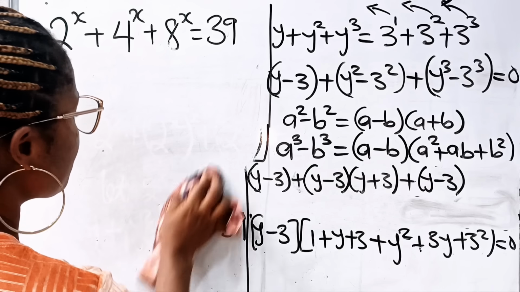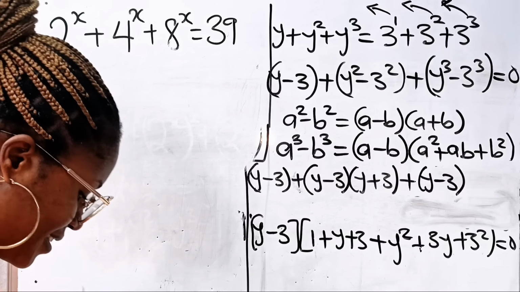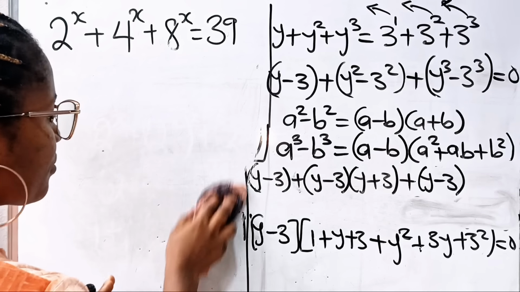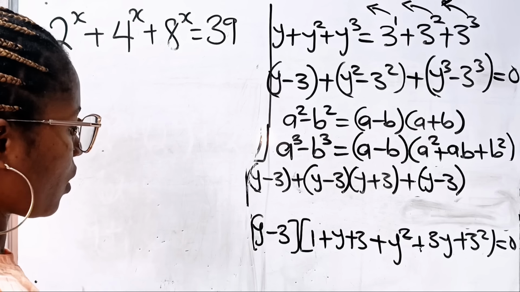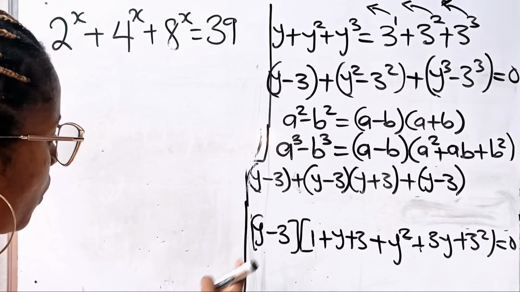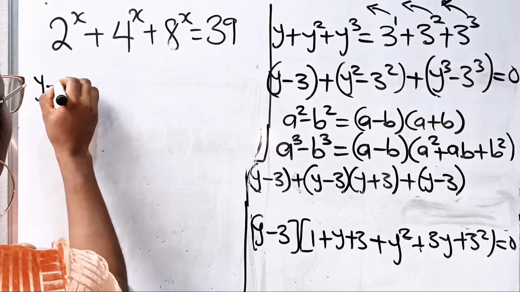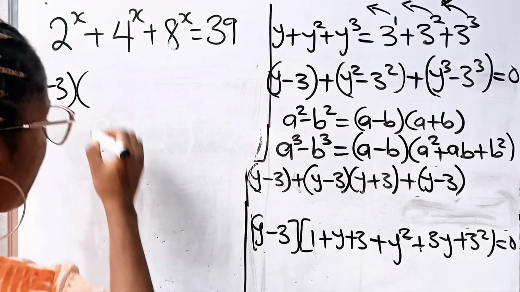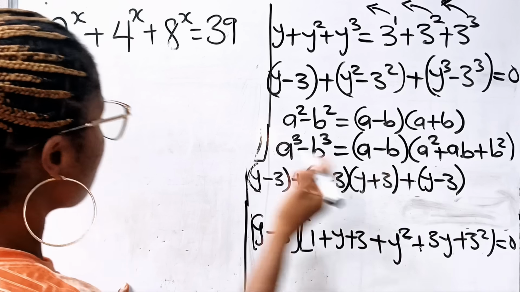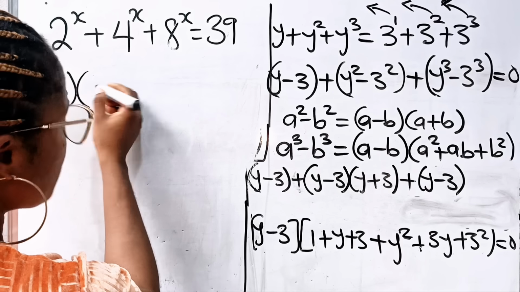This is going to be a very interesting math question. So moving forward, we have y minus 3 bracket 1 plus 3 plus 9, because this is 9, which gives us 13.